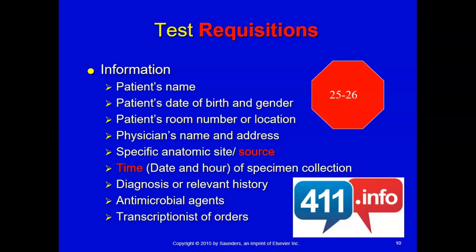And if it's an outpatient especially, there's a requisition that has to come with it, with the patient's name, the specimen type, the room number or location if it's an outpatient, the physician's name, because we have to know who to send the results to, the specific site or source, remember whether it's sputum or urine or stool or what, the time, that includes the date and hour of the specimen collection, because if it's a urine for a culture and it's been sitting on the counter at the clinic for 24 hours, we cannot do a culture on that.